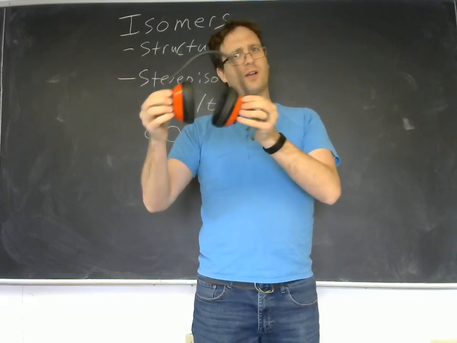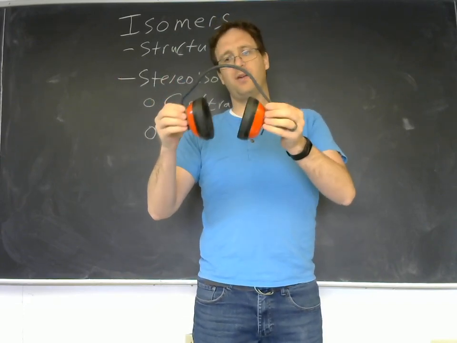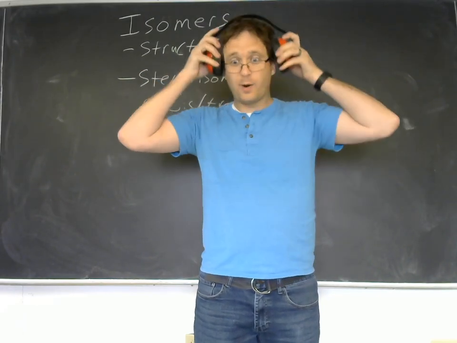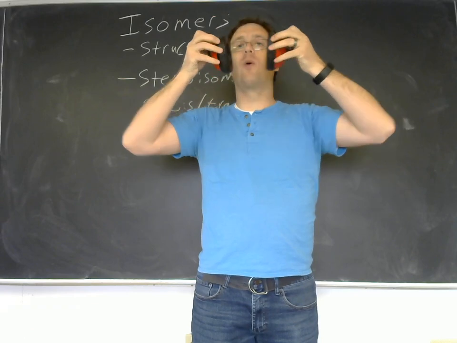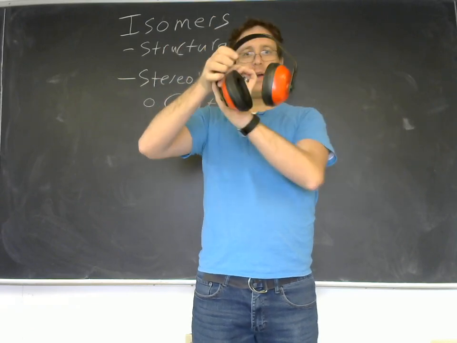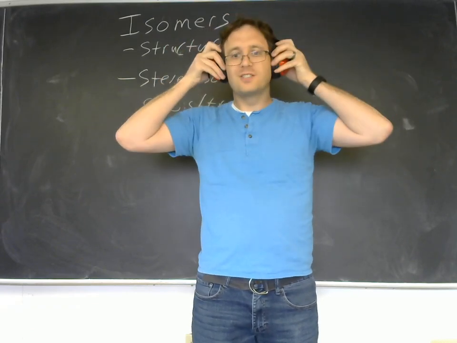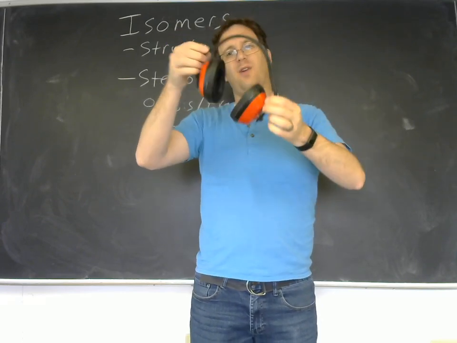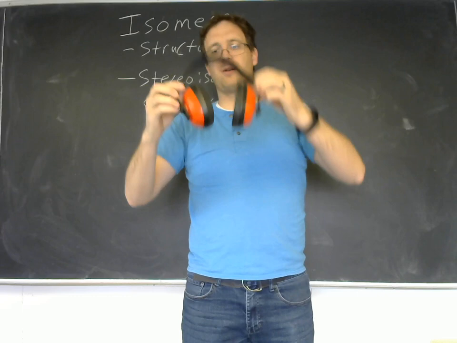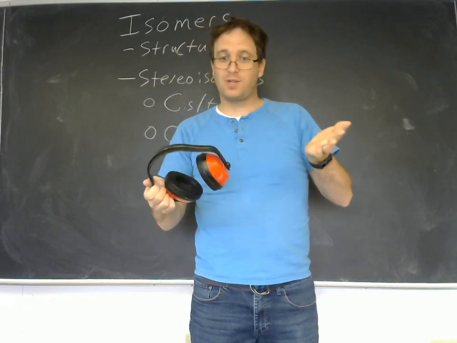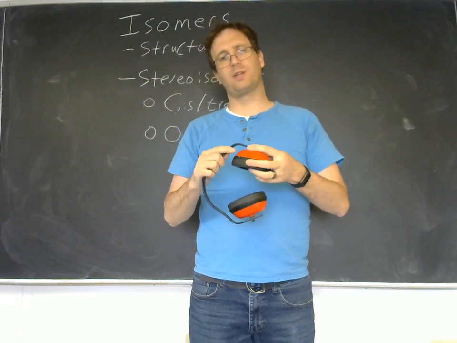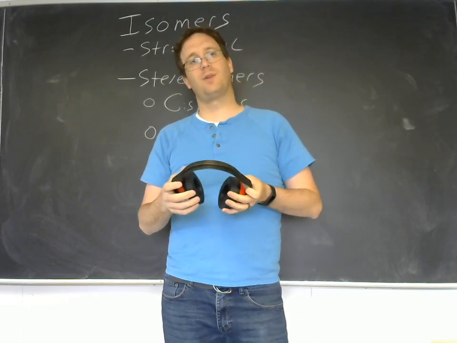This is not a chiral object. The mirror image of the object works just fine. I could wear it like this, or if I were to flip it around, it fits just fine. There's no left ear and right ear to a pair of earmuffs. So not all objects are chiral, and not all molecules will exhibit optical isomers.